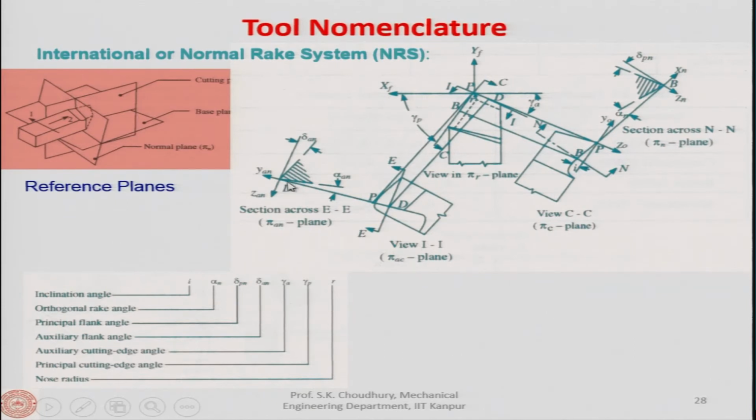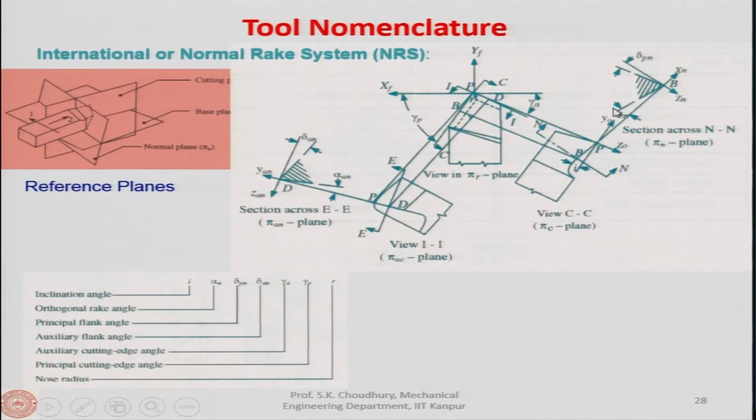the angle which is between the rake face and the line perpendicular to the cutting velocity vector, it is this line in this case and this line in the case of the NN, these two angles.